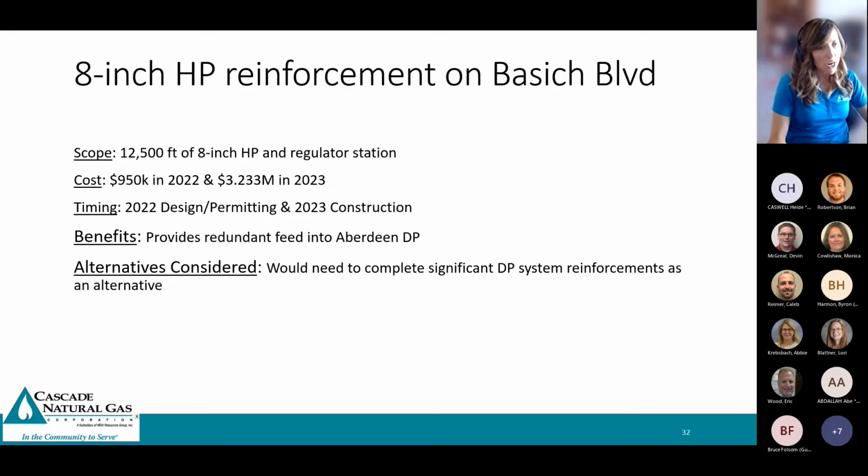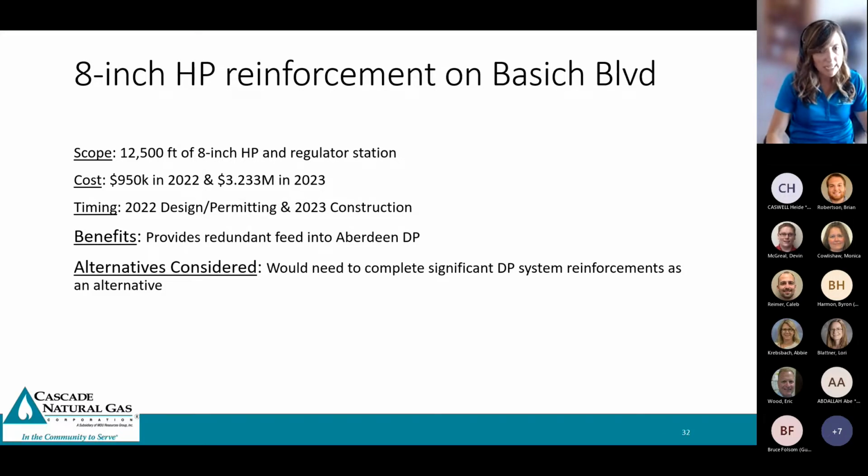Next up, we've got our 8-inch high-pressure reinforcement on Basic Boulevard. This is 12,500 feet of 8-inch high pressure with a regulator station. This project's mainly to address distribution system pressure issues in Aberdeen. Currently Aberdeen's served by one regulator station on the north end of town.